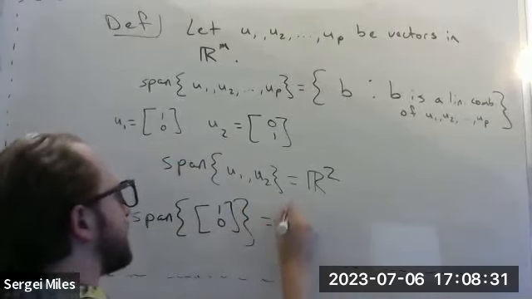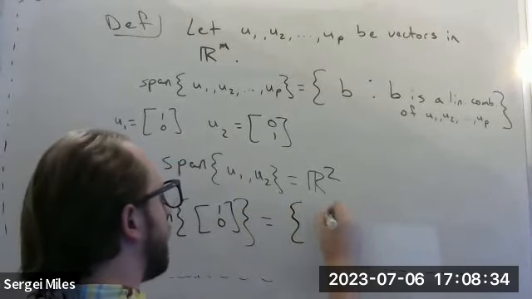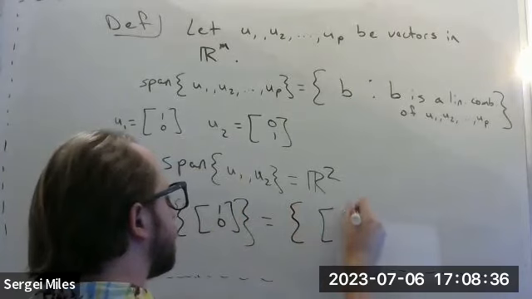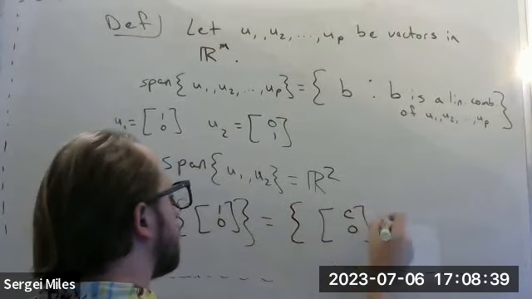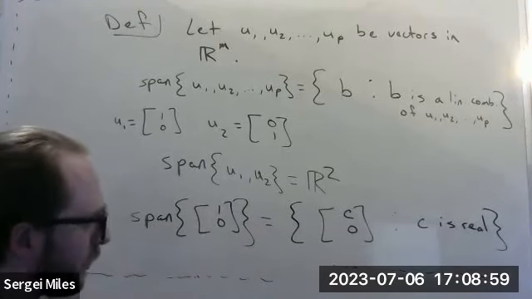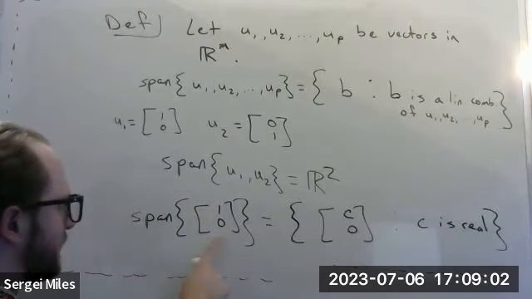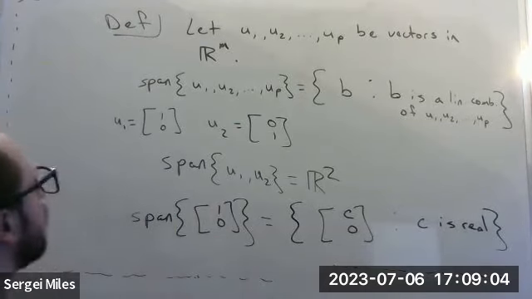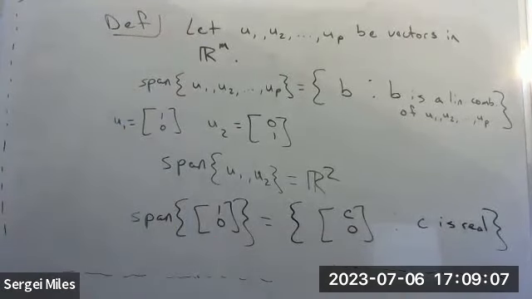Then this is the set of all possible scalar multiples of (1, 0), because I'm only taking linear combinations of a single vector. I can make it bigger, I can make it smaller, I can flip it in the negative direction, and so forth. But the span of (1, 0) is not going to be all of R2.